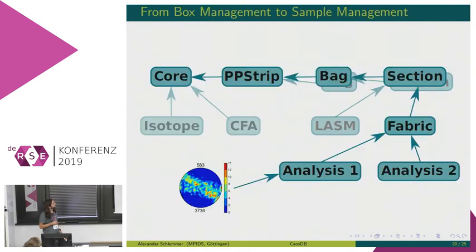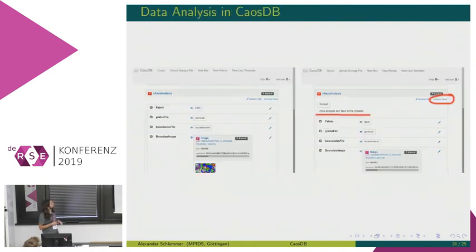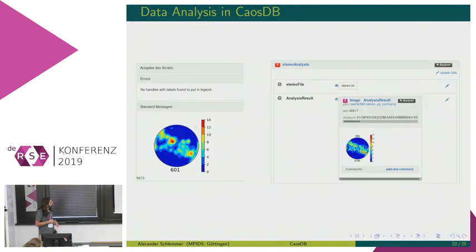And we thought it might be useful to integrate this into the system itself, because it's needed very often. So for a specific type of analysis where we already have a pre-processed image, we provide a button in the user interface called Analyze Data, which you can use to feed this data set directly into a Python script that is running in the background on the server and which automatically generates an output.